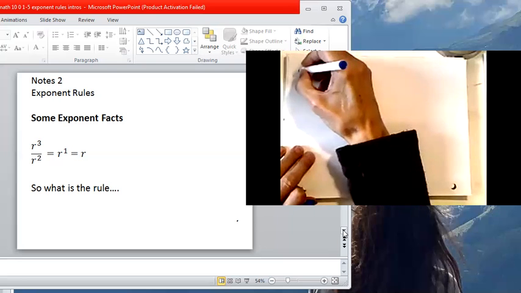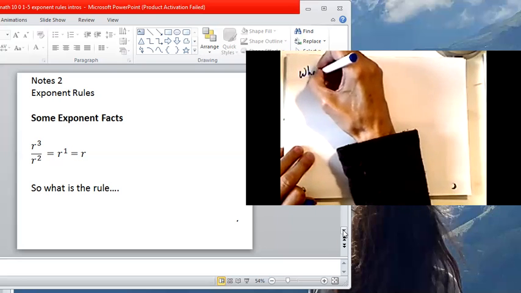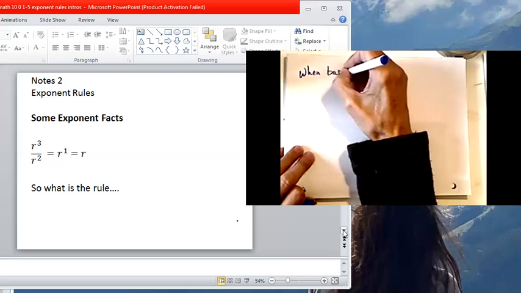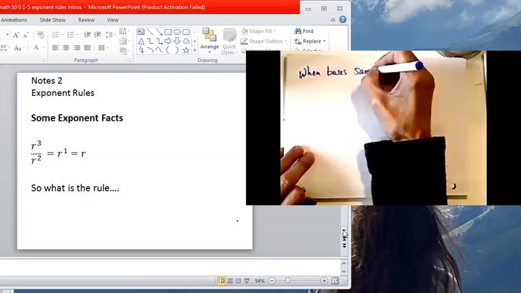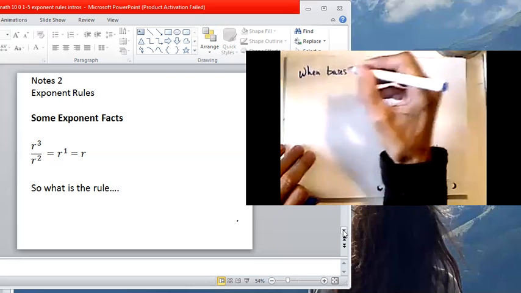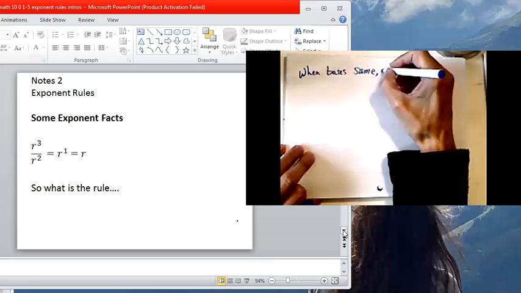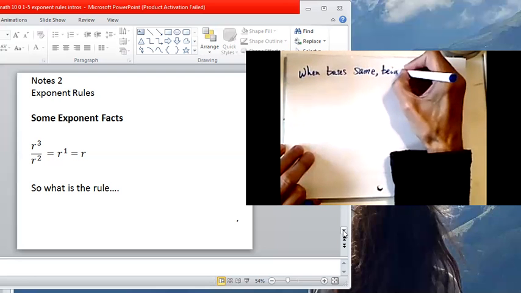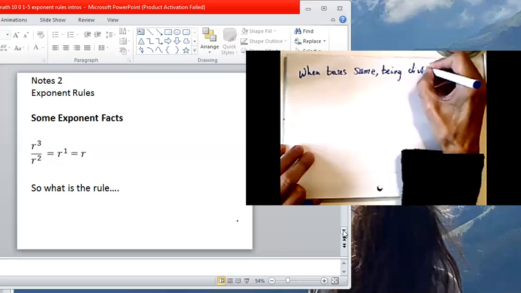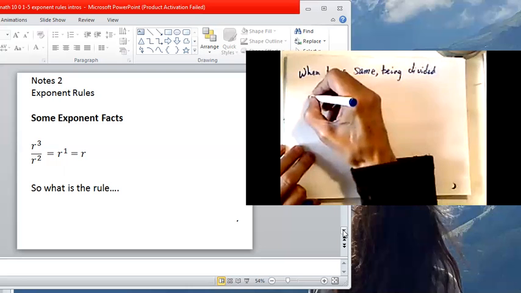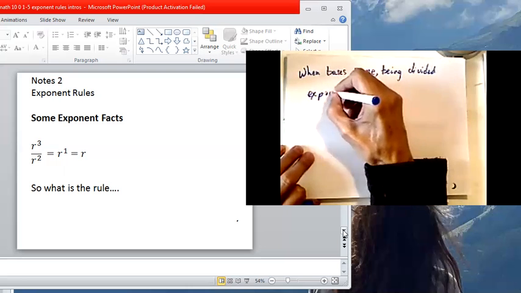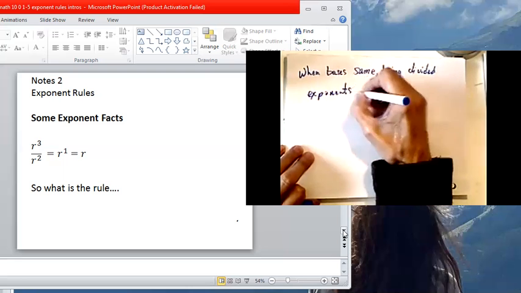When the bases are the same and being divided, the exponents subtract from one another.